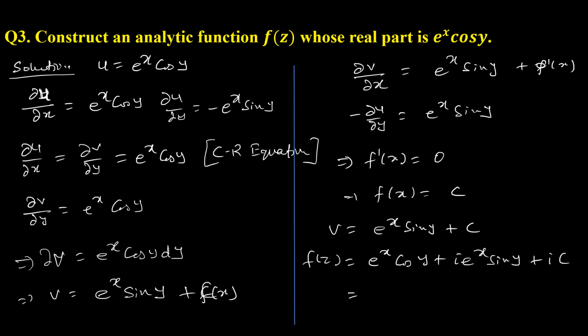This combination can be written as e to the power z plus ic, which is also a constant c1. Once you get the derivative, this term will be 0. So this is another way to get the analytic function.